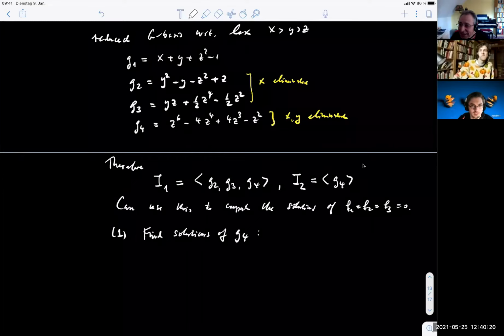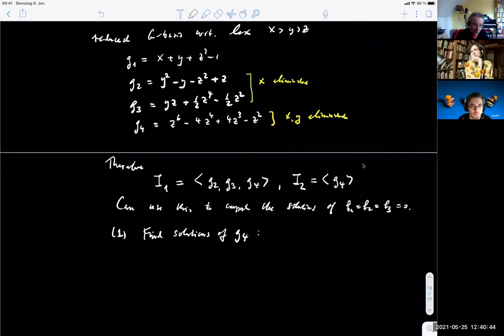Let's assume we have a procedure to find the solutions to polynomials in one variable. This is not a trivial task, as we know, but assume we have one. The idea of this elimination is to reduce the solution of systems to the solution of univariate polynomials. So we assume we have a black box that does it.